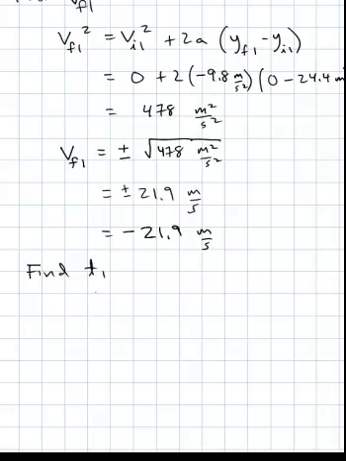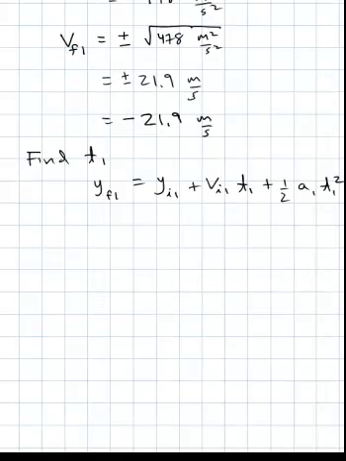And so I'm going to use this equation, y final of 1 is y initial of 1 plus v initial of 1, t1, plus 1/2 a t squared. And again, I always like to start out by writing out the kinematics equation just as it appears in the book, because I like to start with something on my paper that's correct. Y final is 0.